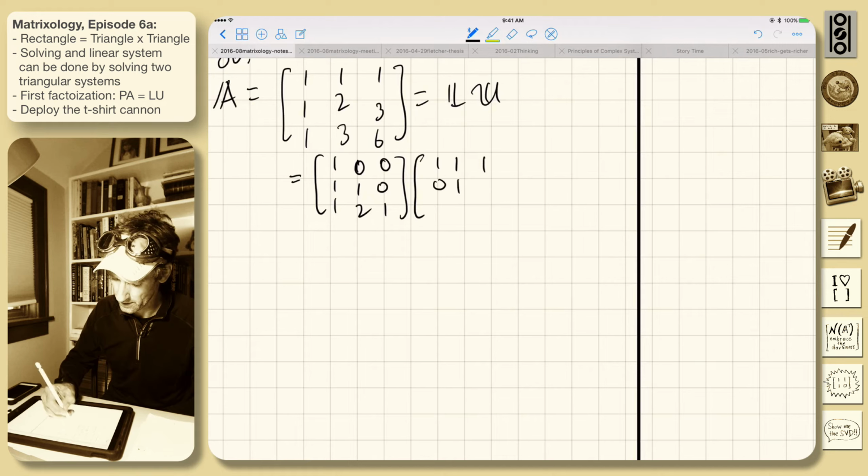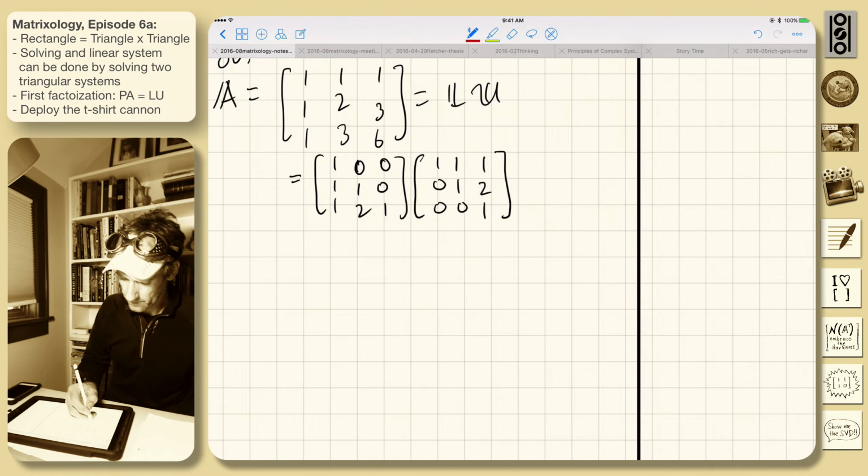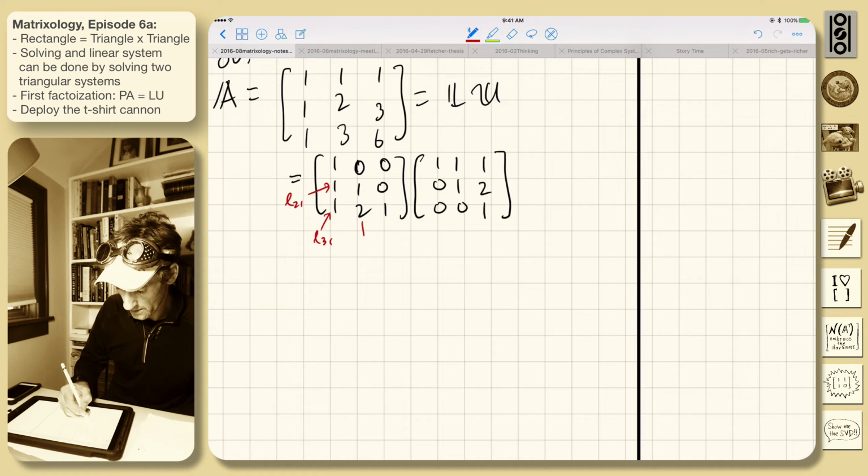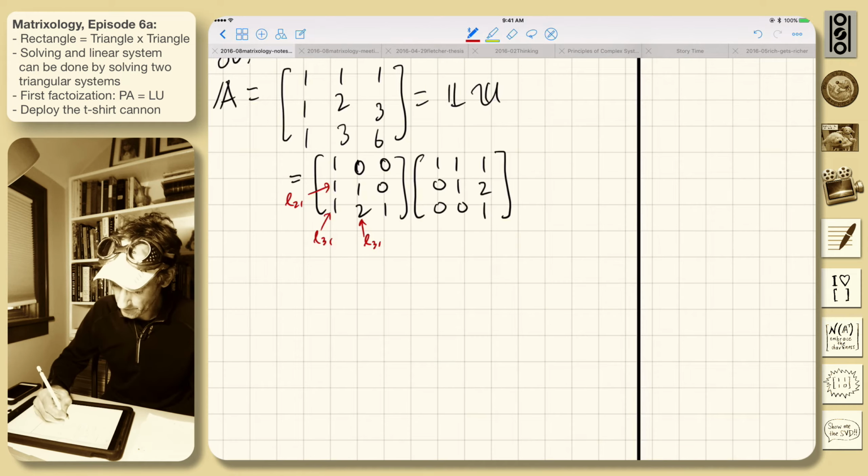I'll come back to it. 0, 0, 1. So just to annotate these things, L21 is here, L31 is here, L32 is here, pivot 1 is here, pivot 2 is here. They're not complicated pivots.